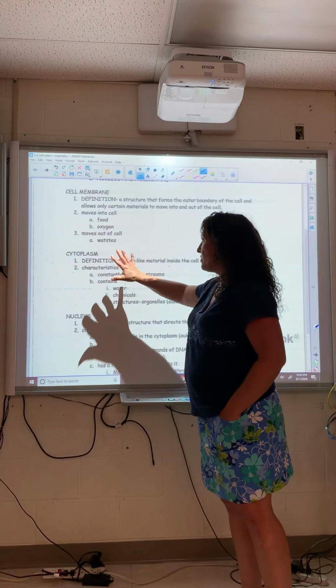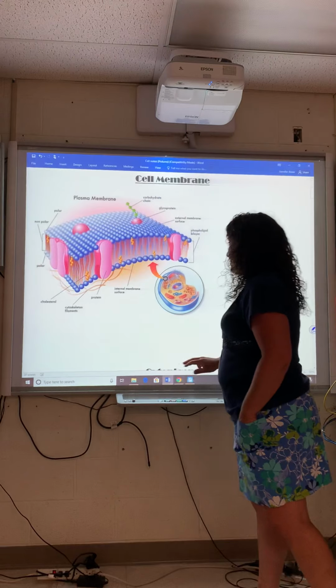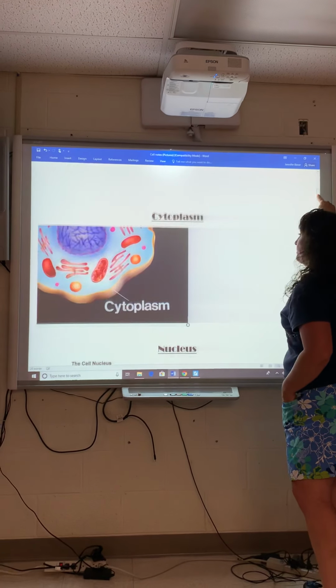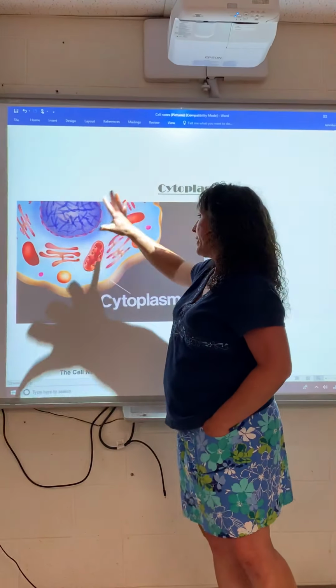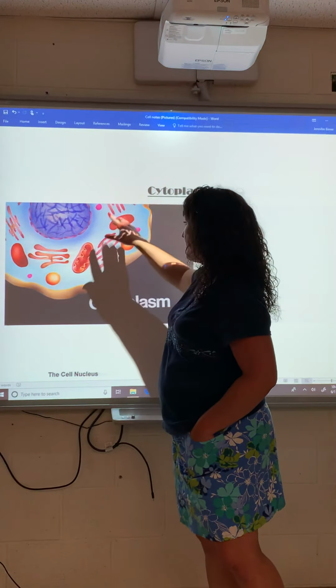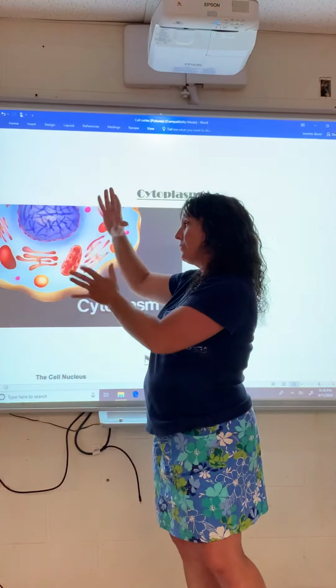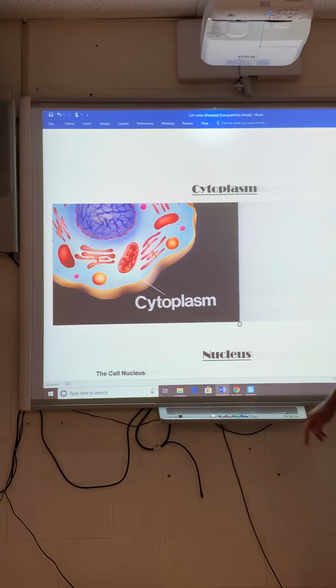So that is our next thing we're going to talk about, the cytoplasm, and let's take a look at that as well. Again, there's not a particular color or anything like that, but you can see the cytoplasm. It holds the organelles there, it gives it its shape, it just kind of moves things along. Okay, so it's a pretty good picture of our cytoplasm.